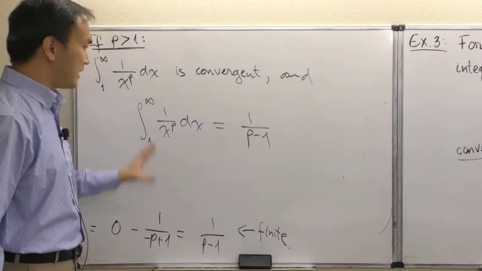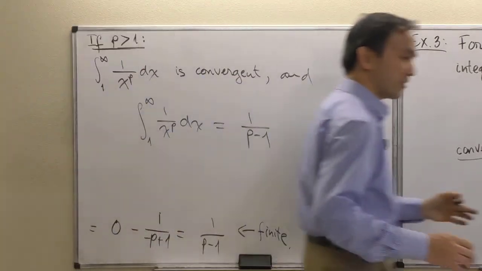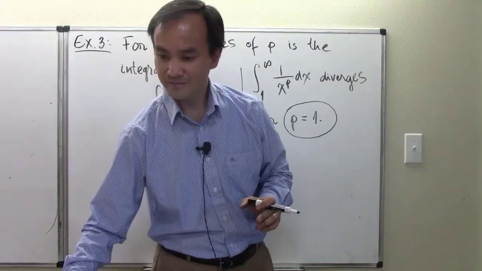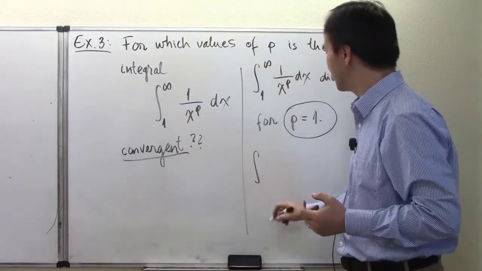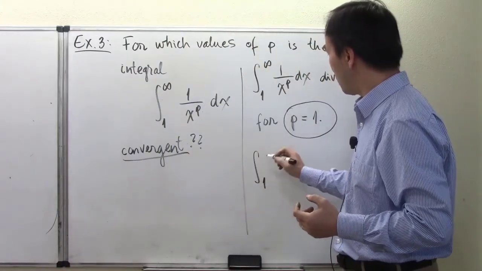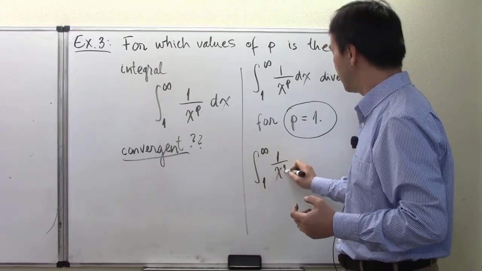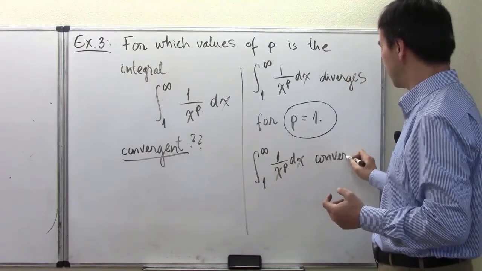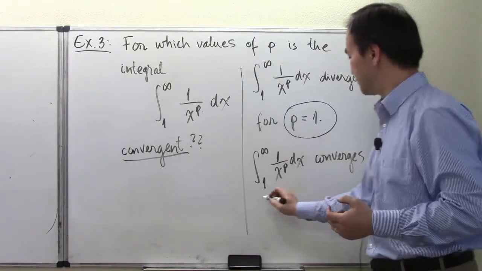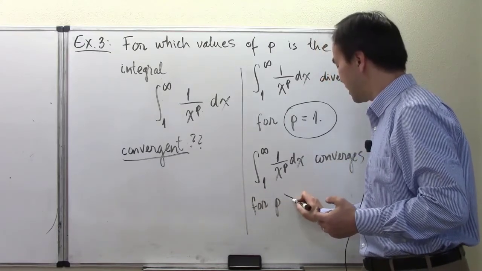Okay, so now it's worth our attention to nail this case down into that summary chart right here. The integral from 1 to infinity of 1 over x to the p converges for p greater than 1.